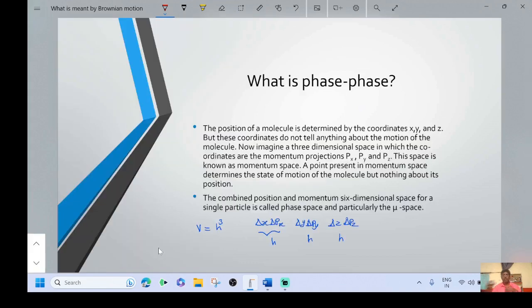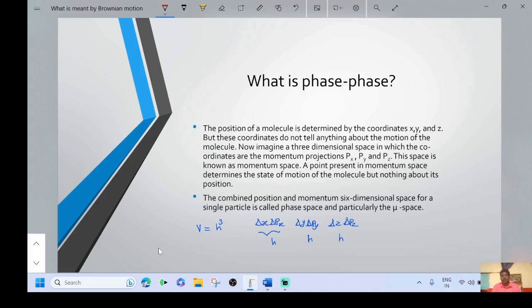What is phase space? The position of a particle is determined by the coordinates x, y, and z. But these coordinates do not tell anything about the motion of the molecule. Now imagine a three-dimensional space in which the coordinates are the momentum projections px, py, and pz.